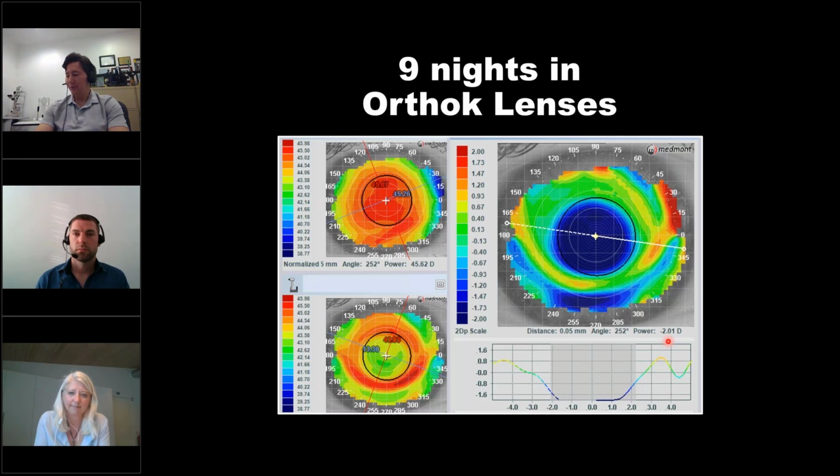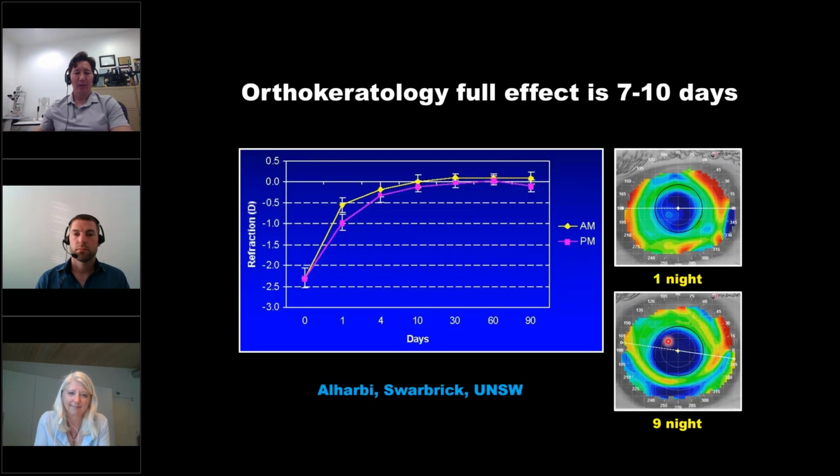So we've got to give it a little bit of time to have those two come to an agreement. Now, this work by Ahmed Alabri and Helen Swarbrick in the early days of Ortho-K showed us that Ortho-K full effect is 7 to 10 days.